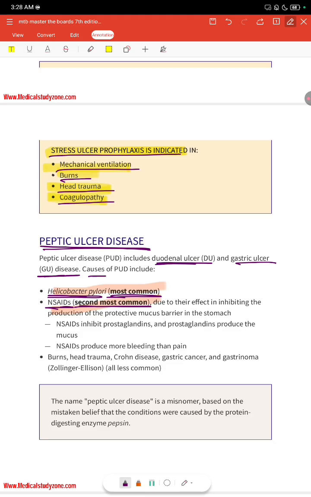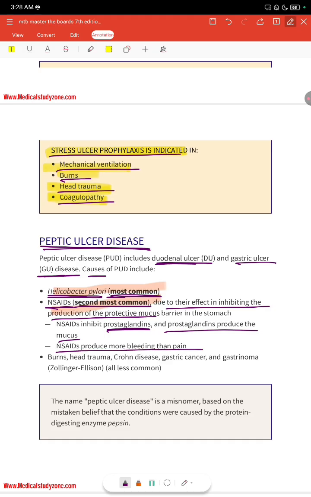Why do NSAIDs cause peptic ulcer disease? It is due to their effect in inhibiting the production of the protective mucus barrier in the stomach. NSAIDs inhibit prostaglandins, and prostaglandins produce the mucus. So NSAIDs produce more bleeding than pain.